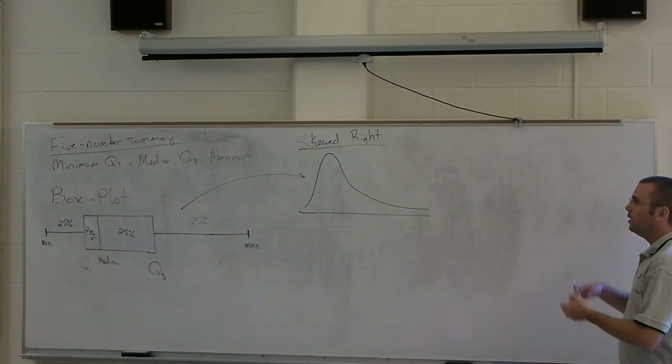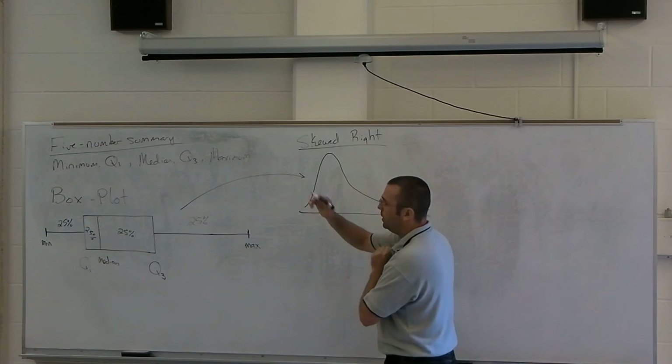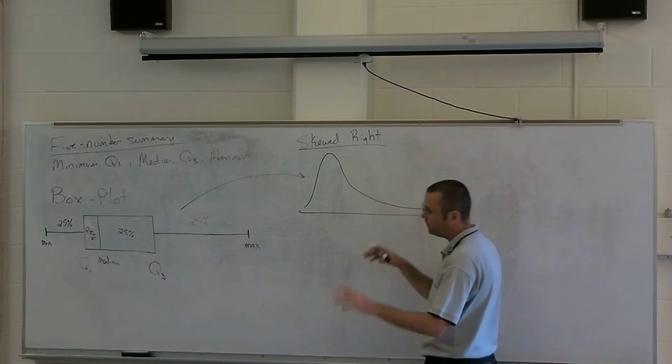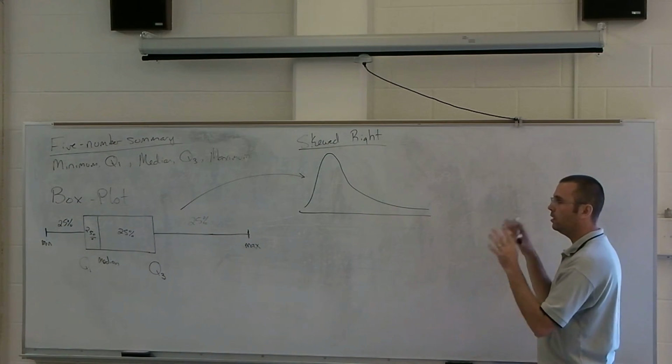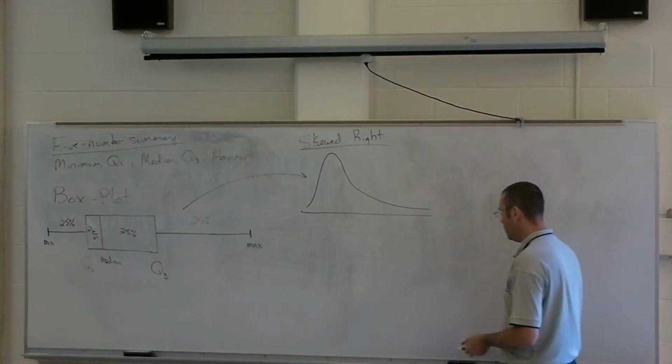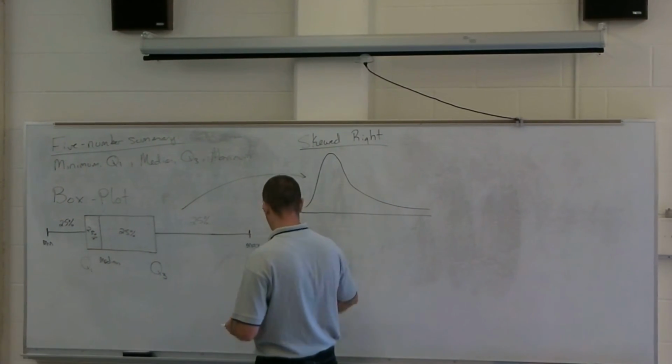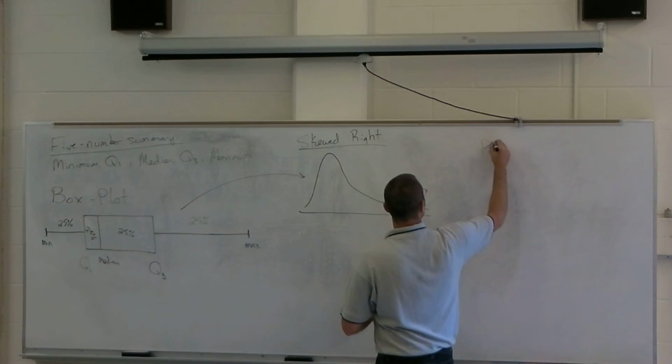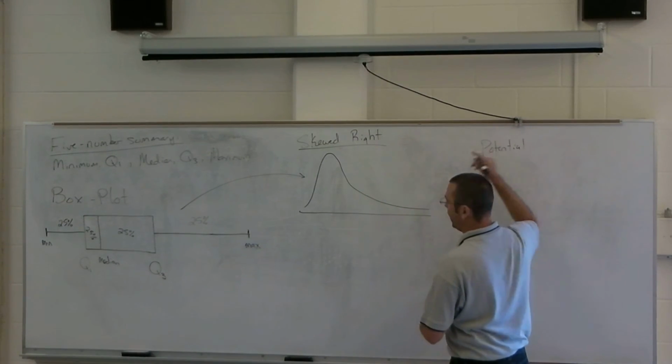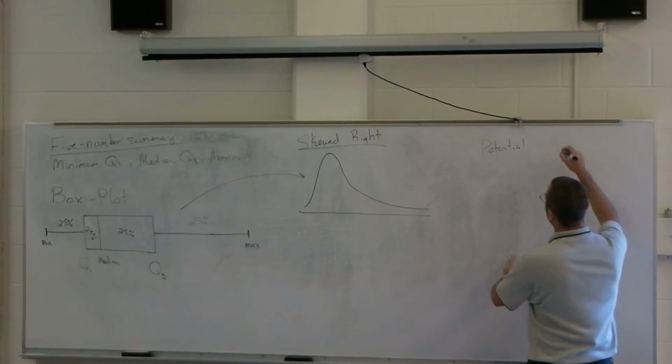All right? One final word to say about these box plots. If, for some reason, there are potential outliers, these potential outliers are often marked with X's on these graphs.